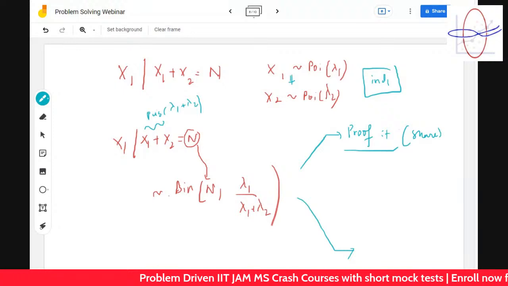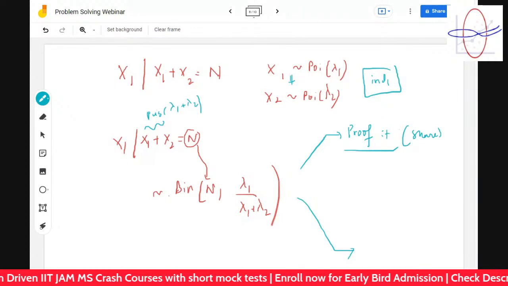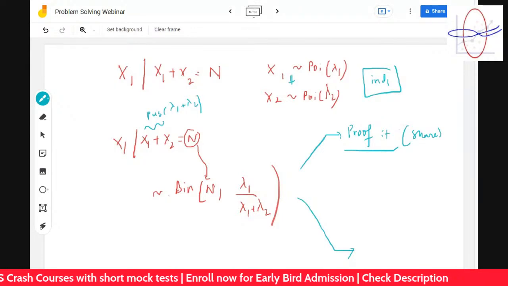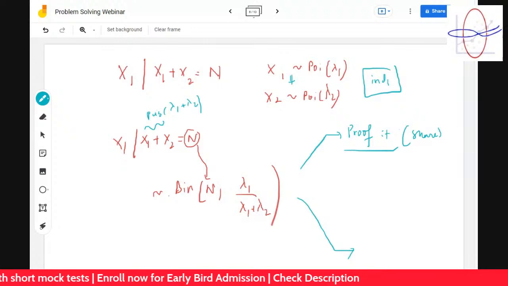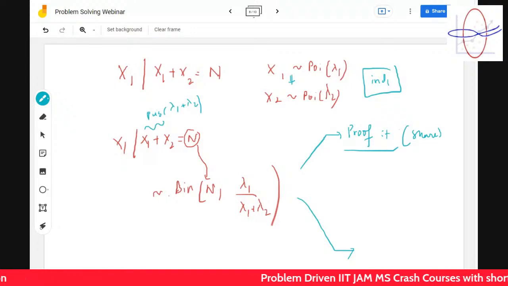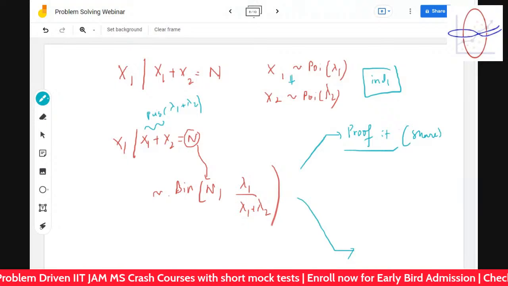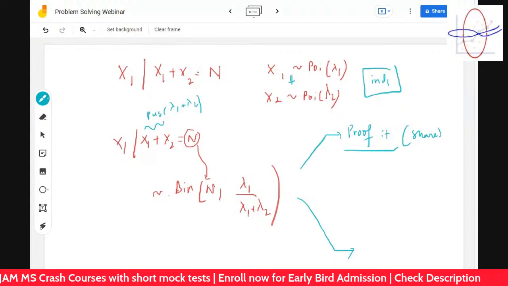So the first one has very small probability and a very large number of trials, and the second one also has the same thing. So we are taking up the ratio now. So the probability is like dividing a very small quantity by a very small quantity.